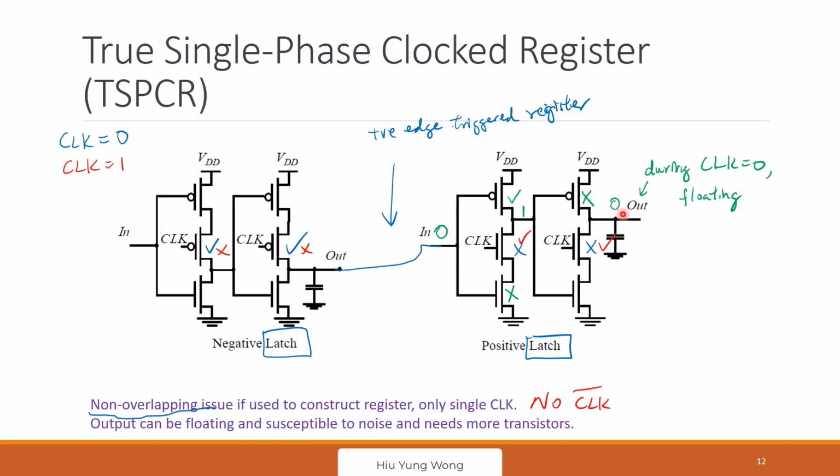When the data is 0 here, and then you have the clock that is 0, this is off, and this is off, then this is 0, right? Then you will be susceptible to noise. Then your noise margin reduces. You remember all those coupling. We will talk more about this on Wednesday. But is this okay? True single phase clock register: no clock overlap issue, no need to worry about hold time.